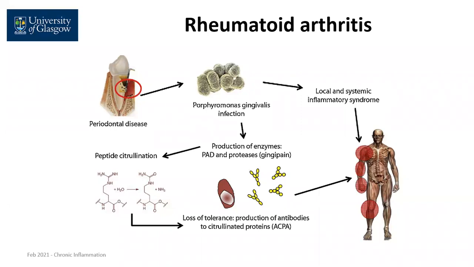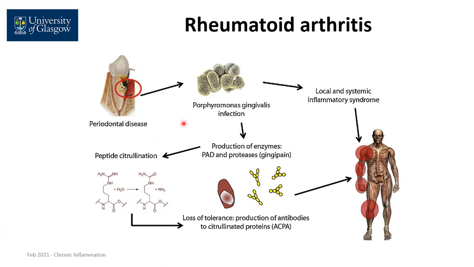So I've picked rheumatoid arthritis as an example here because you may or may not be aware that there are causal links between oral diseases such as periodontal disease and the onset and severity of rheumatoid arthritis in certain patients. And this schematic diagram here just highlights the links. So you have in certain patients periodontal disease.